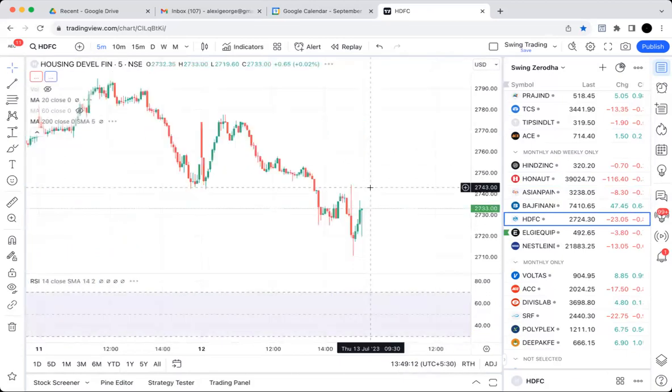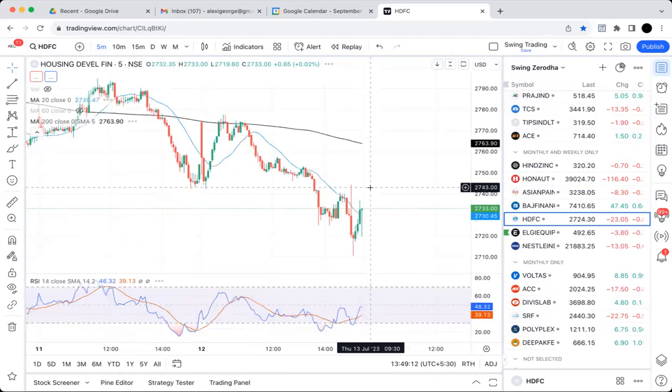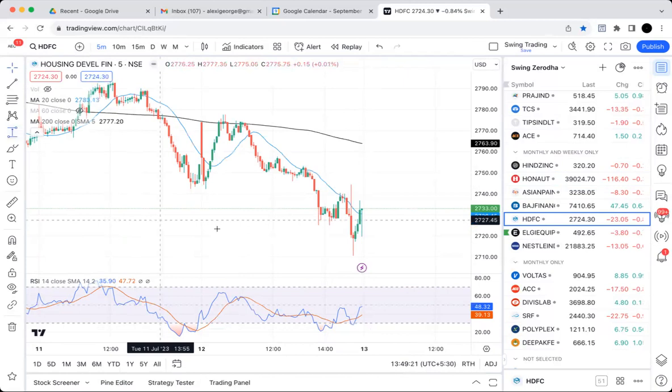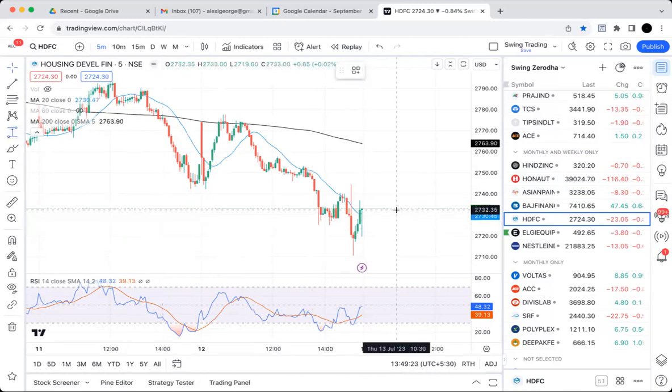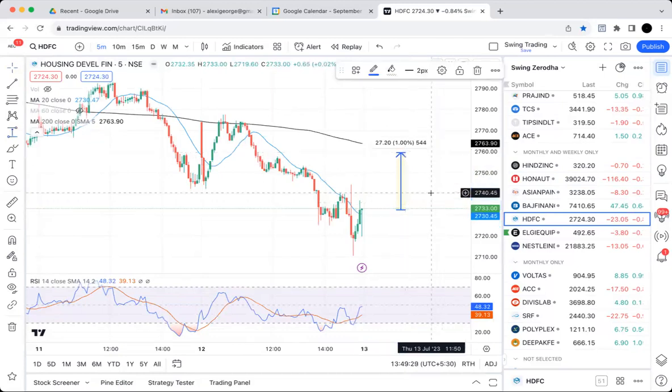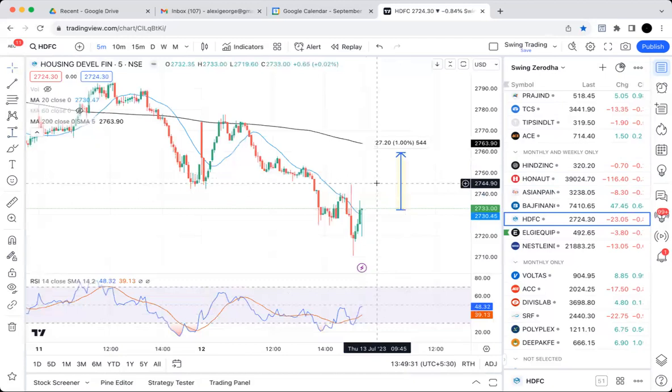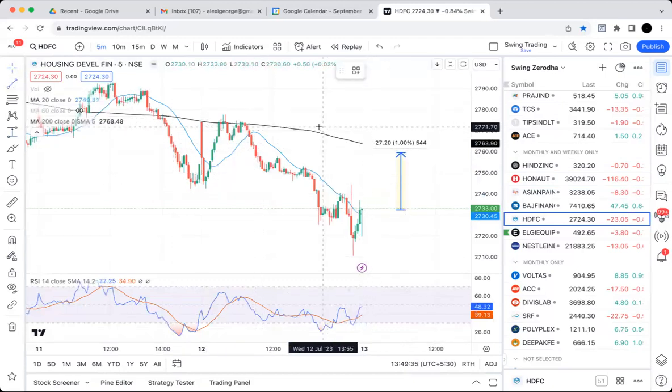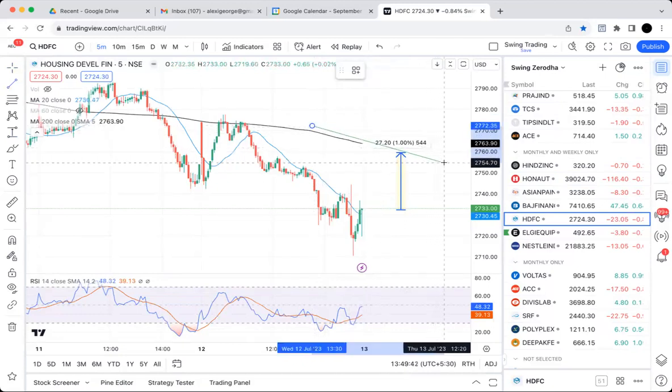HDFC is another one. I'm looking for where the 20 and the 200 are. All right, this is a good possibility here. Look at that. So if I entered here, although I said it's a good possibility, let's see if it will work. Well, okay, 1%. Right there, it's possible. All right, but what about the trend? If I were to draw a trend line, see, this line took kind of a turn here. So is it possible?